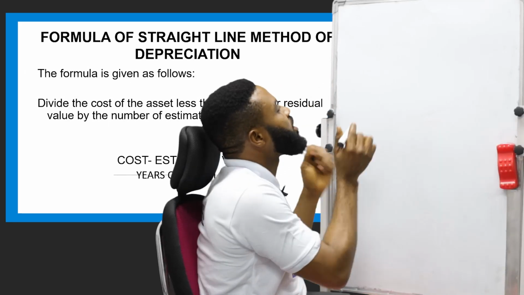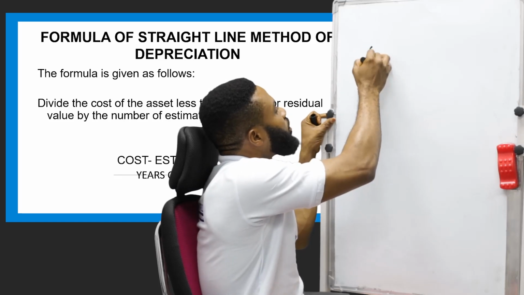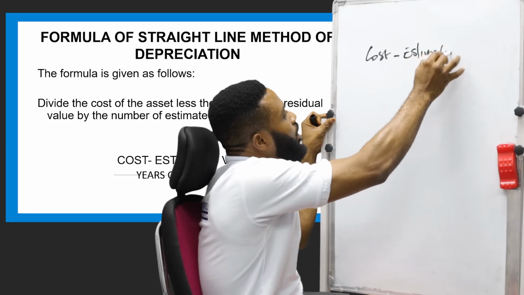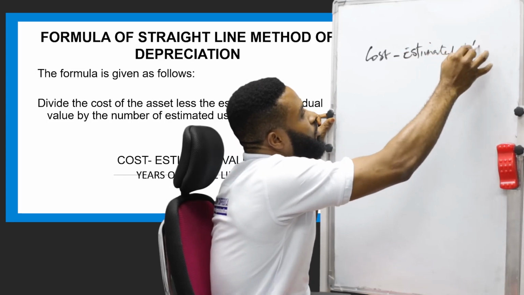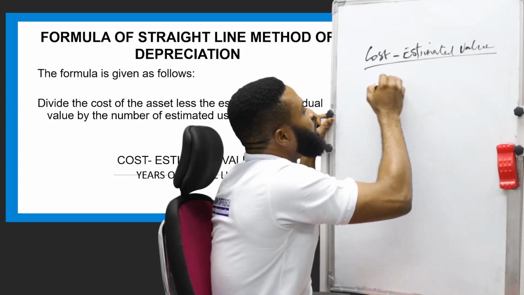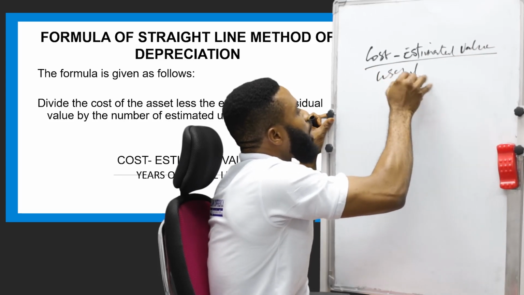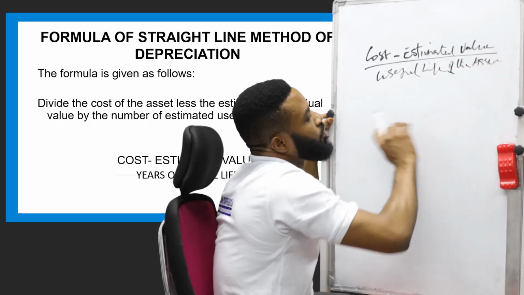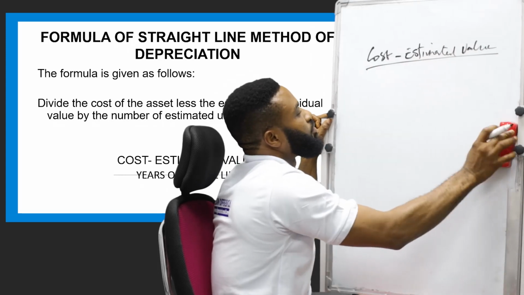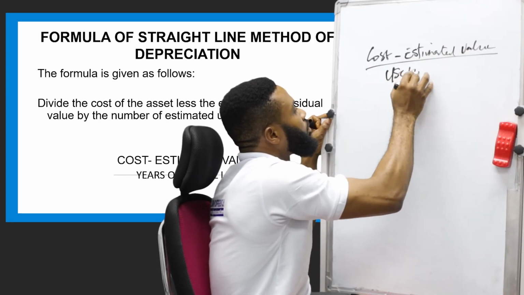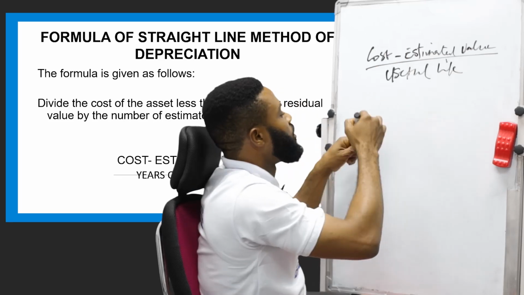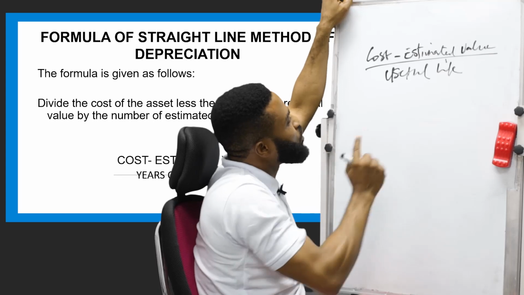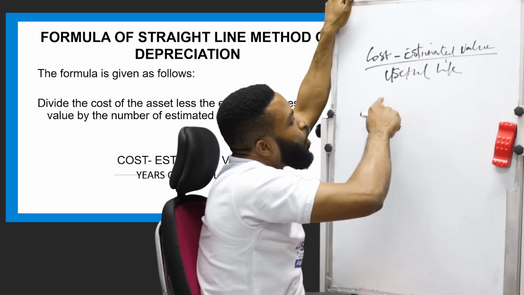You divide the cost minus the estimated value, all over the useful life of the asset, or just write useful life.